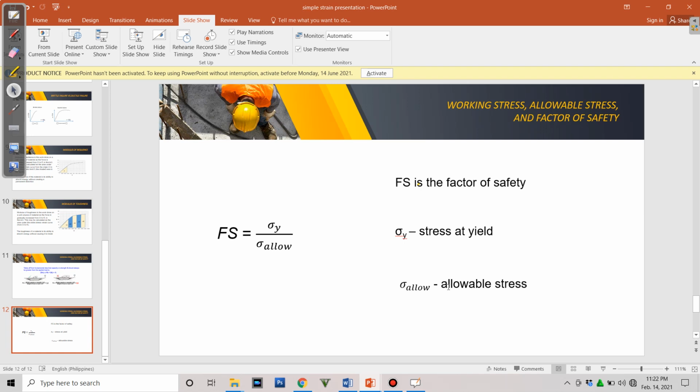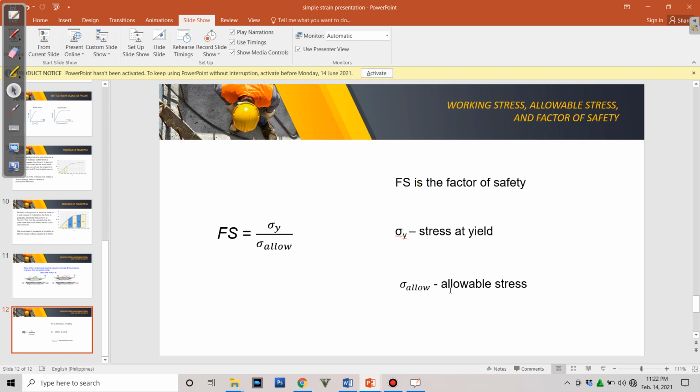The allowable stress should be limited to values not exceeding the proportional limit. However, since proportional limit is difficult to determine accurately, the allowable stress is taken as either the yield point or ultimate strength divided by a factor of safety.